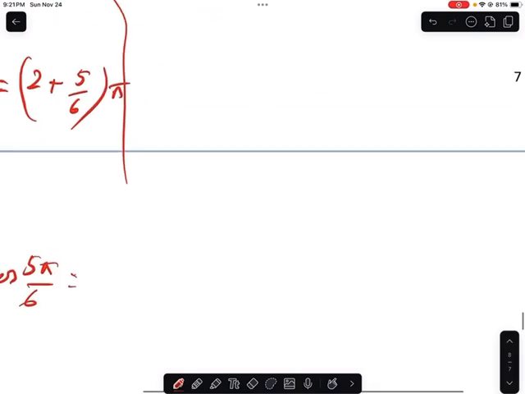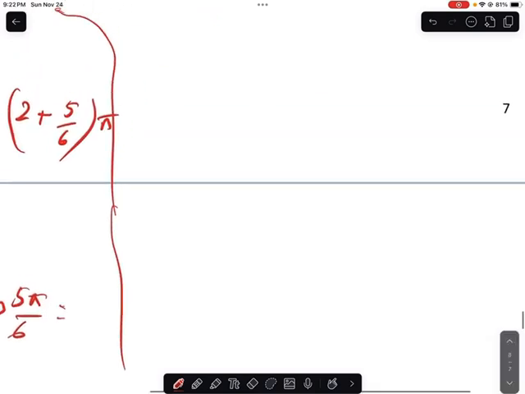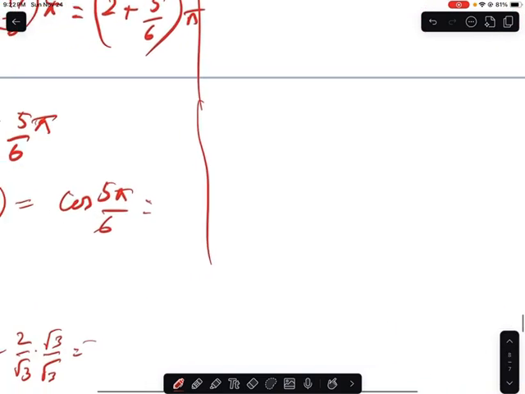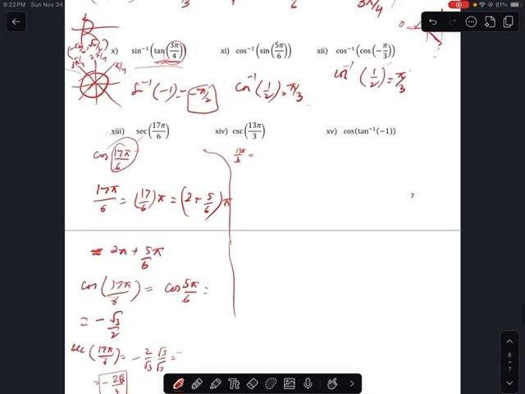So cosine of 17 pi over 6 will be the same as cosine of 5 pi over 6, because the 2 pi will just go away. And then 5 pi over 6 cosine will be negative, and the pi over 6 cosine is square root of 3 over 2. So we get negative square root of 3 over 2.